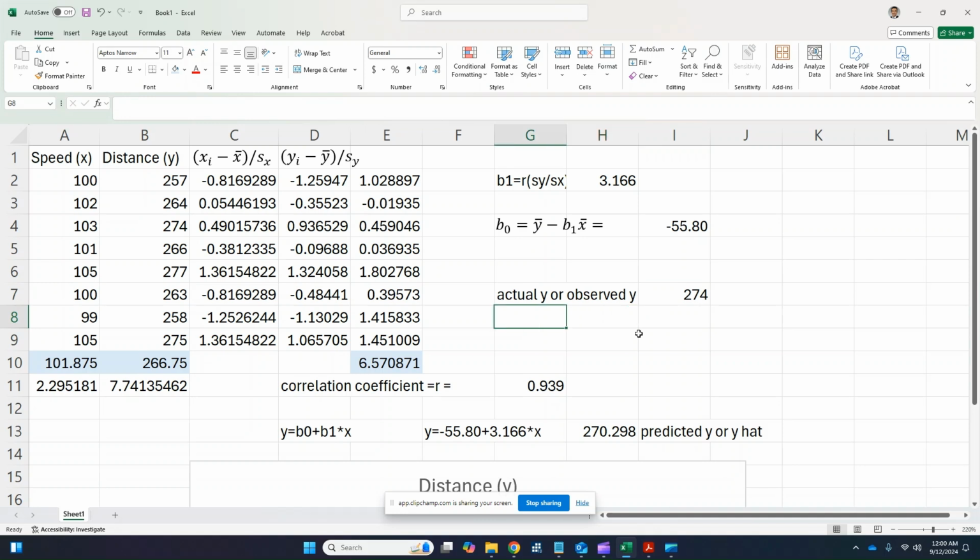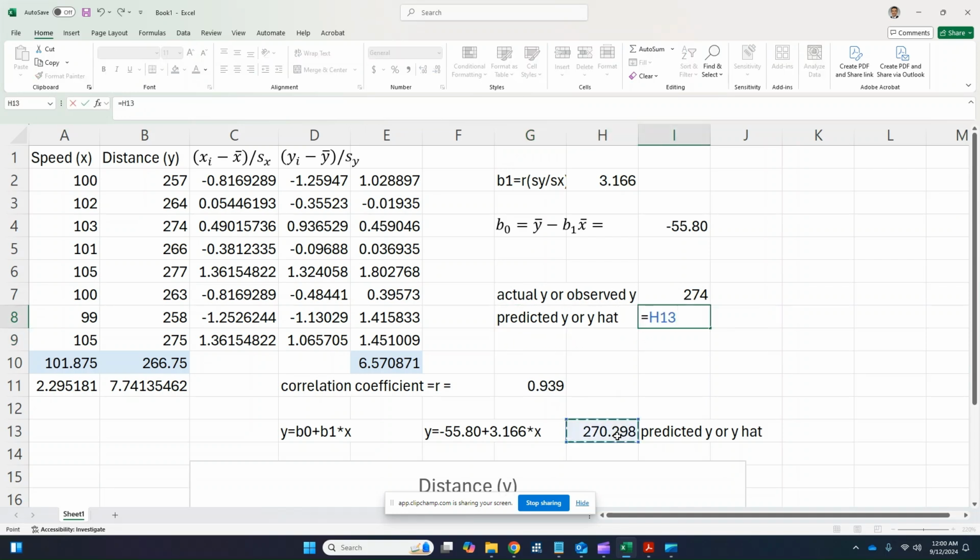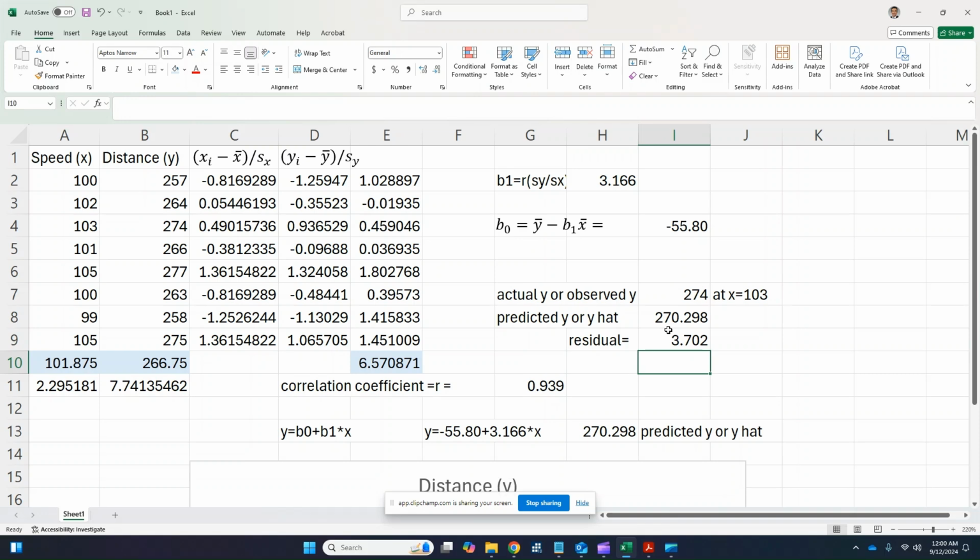But the predicted y or y hat is what we get from here, and these are both at x equals 103. So the gap between the actual or observed y and the predicted y is this, and this is our residual, or the gap in the prediction.